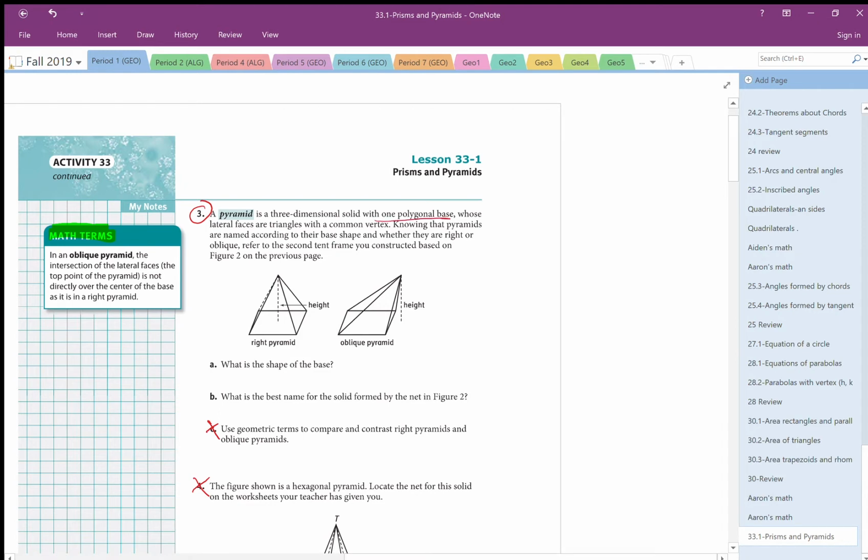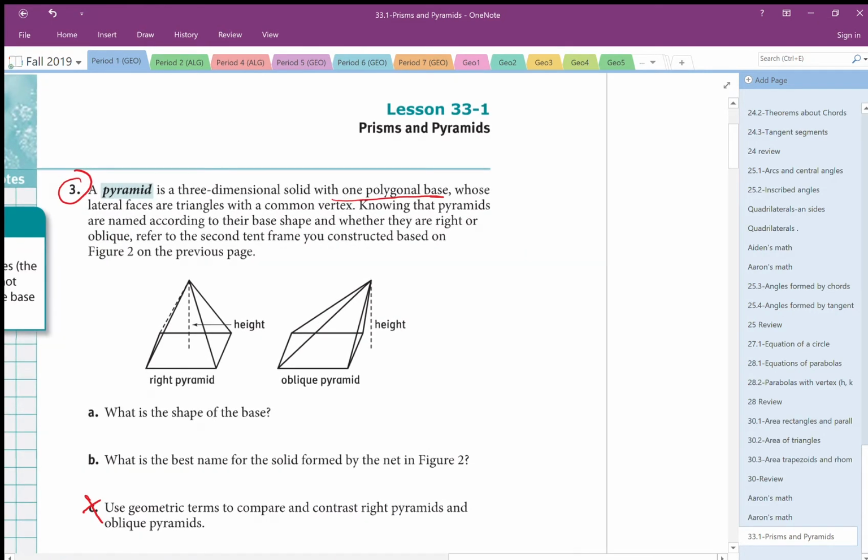That's what it says here. And then the lateral faces are triangles. Think of any pyramid, like the pictures in Egypt that you've seen. The sides are triangular, but the base does not have to be triangular. The base can be any polygon. It could be a square or a rectangle, or it could be a pentagon or a hexagon. It could be any polygon.